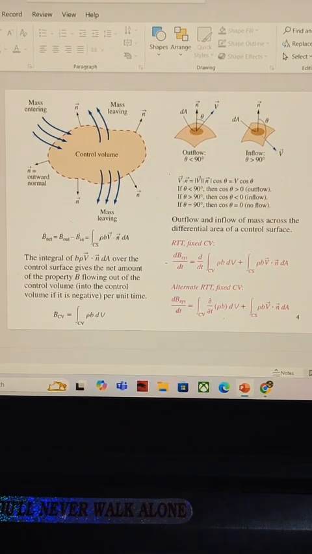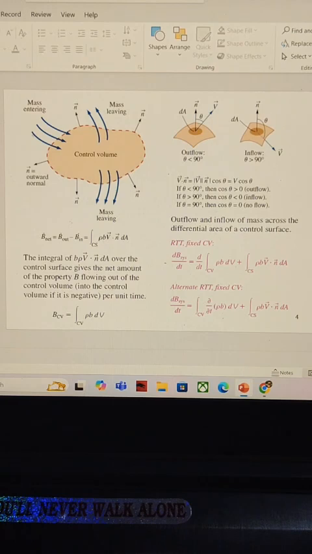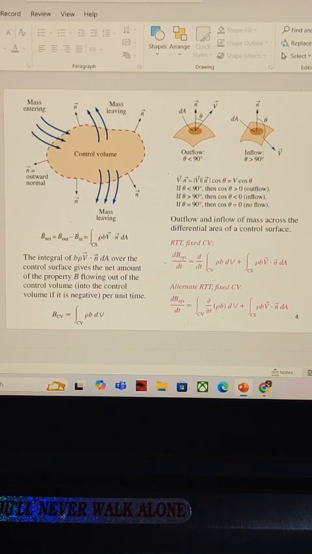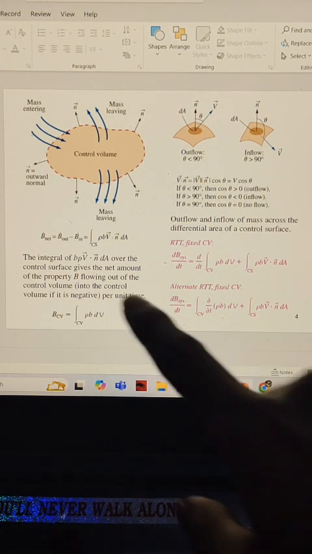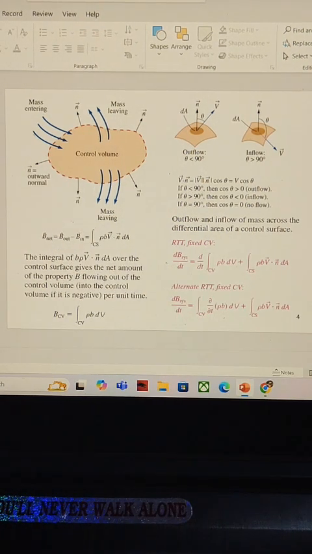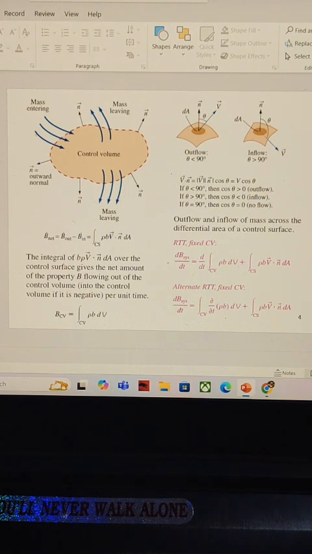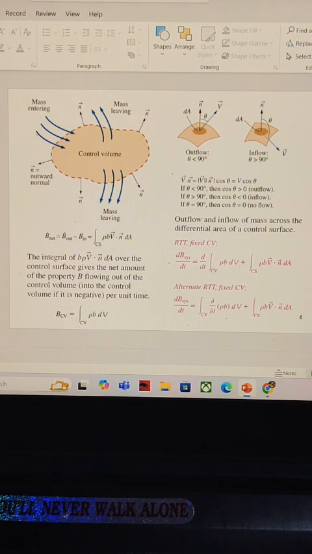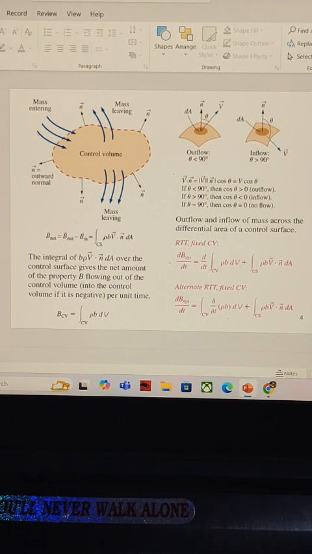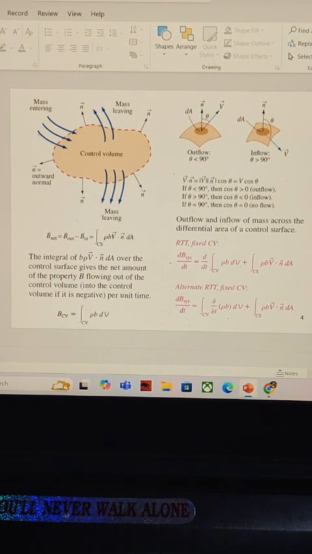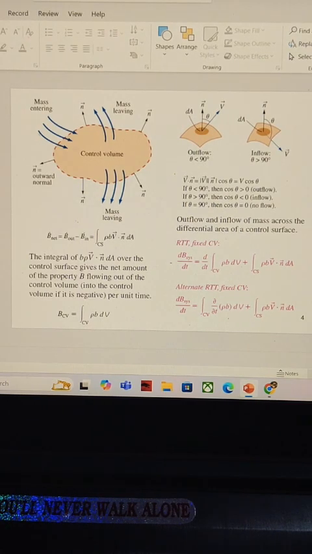This slide focuses on the flux of a property B across the control surface and its connection to the Reynolds transport theorem, RTT. The equation for B out minus B in is expressed as an integral over the control surface: the integral over CS of rho b V dot n dA, where V dot n represents the component of velocity normal to the surface.